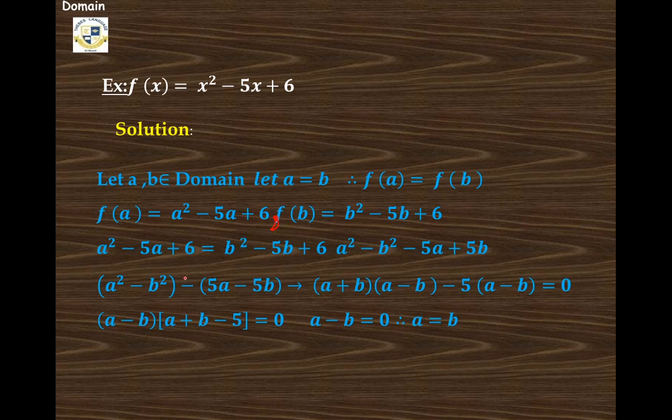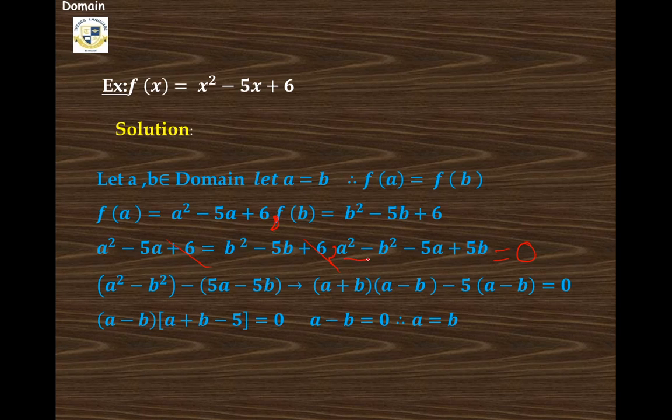A squared minus 5a plus 6 equals b squared minus 5b plus 6. I will cancel positive 6 with positive 6. Then a squared minus b squared minus 5a plus 5b equals 0.